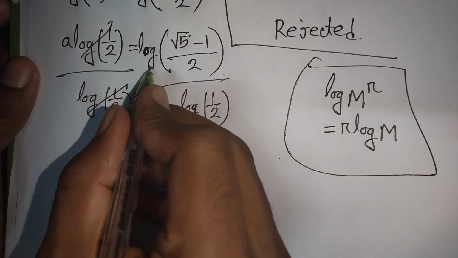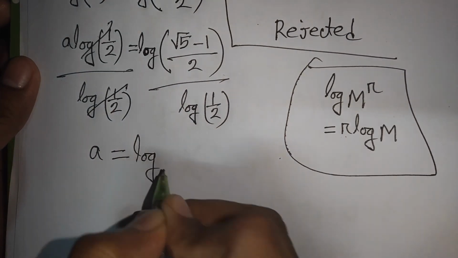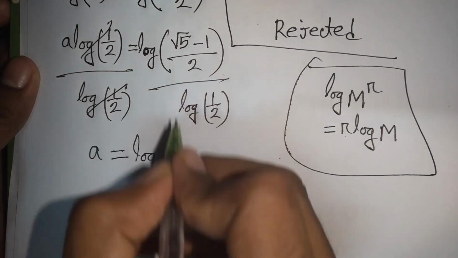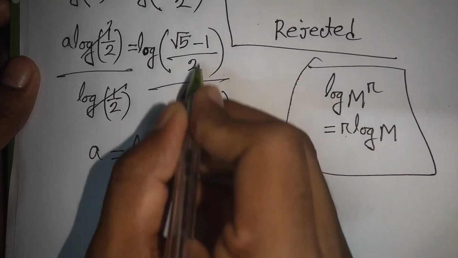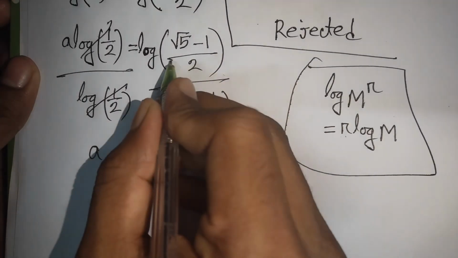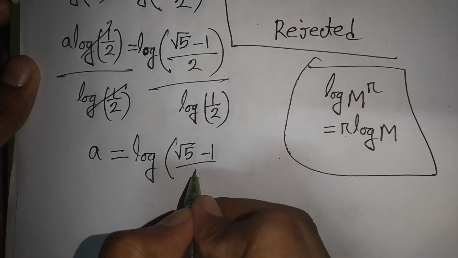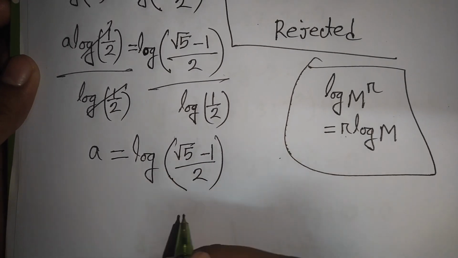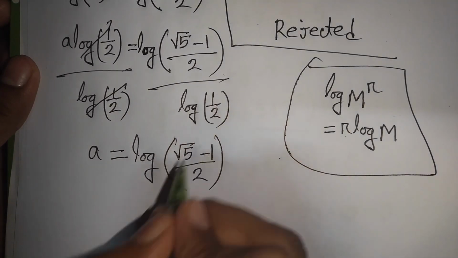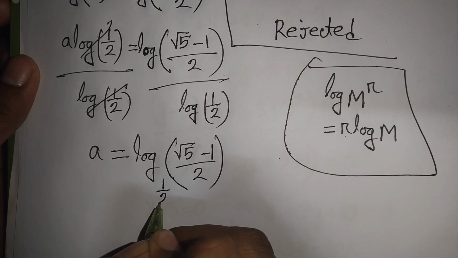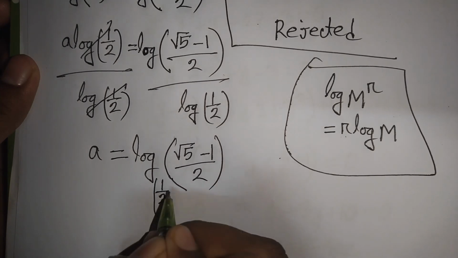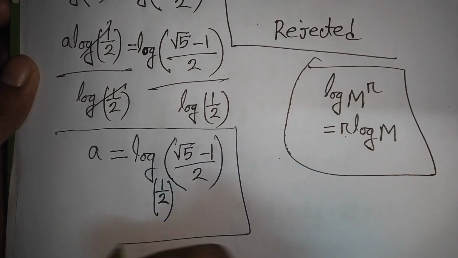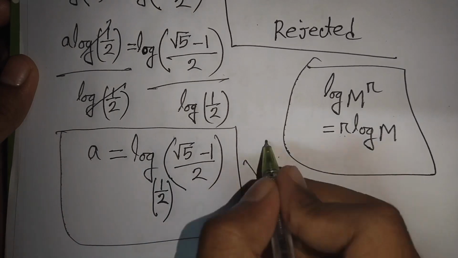That means a is log of a square root of 5 minus 1 over 2, with base 1 by 2. So this is the value of a. So this is our final answer.